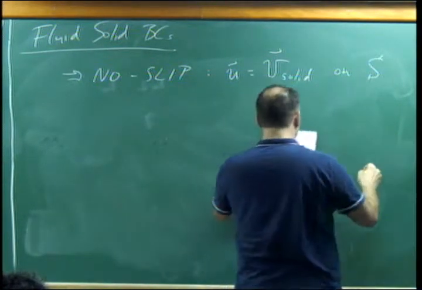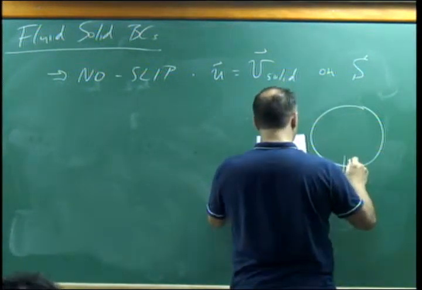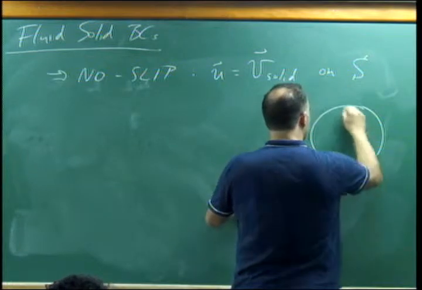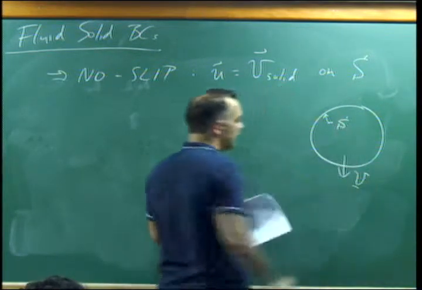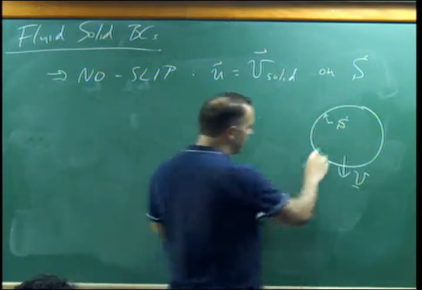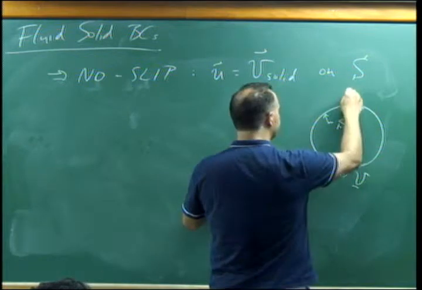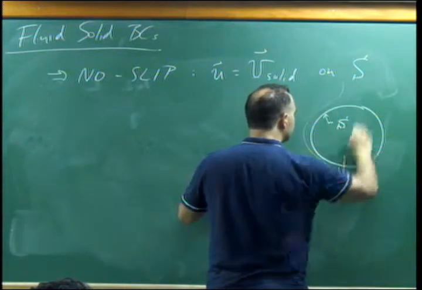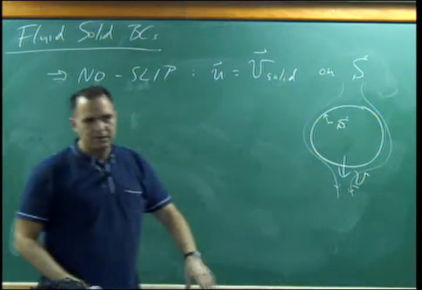So if we have a sphere, say, falling at speed u, then on the surface of the sphere S, the fluid has to be moving with the speed of the sphere. So basically the sphere is going to drag down fluid with it.